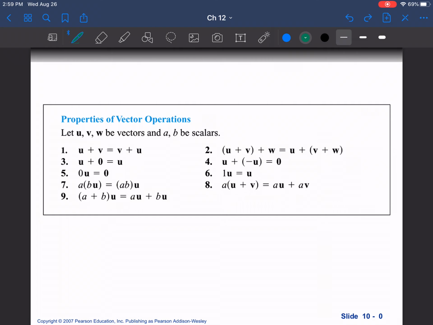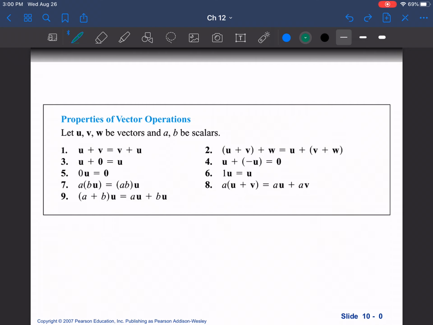Here, this is the scalar. Notice it's not bold. This is the scalar 0 times u, which has the effect of zeroing out every component of the vector u, and thus giving us the 0 vector. Okay, so pay close attention to how the vector is in bold type and the scalar is not.